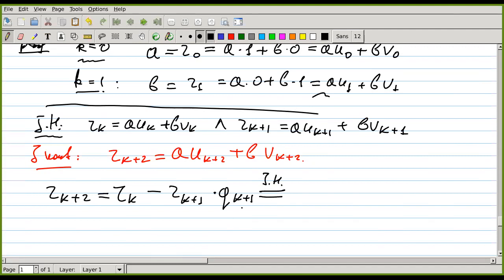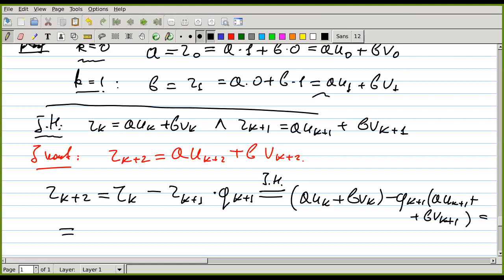Yep. And now let's apply our inductive hypothesis. So what is it? A UK plus B VK minus QK plus 1 multiplied by A UK plus 1 plus B VK plus 1. And now let's group together the terms for A and for B. So for A, we have UK minus UK plus 1 multiplied by QK plus 1.